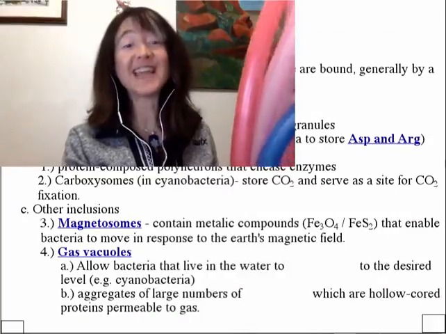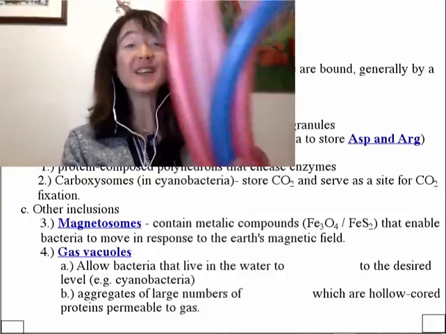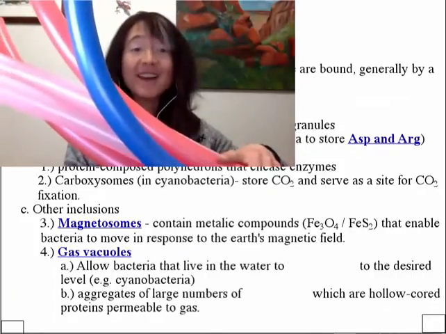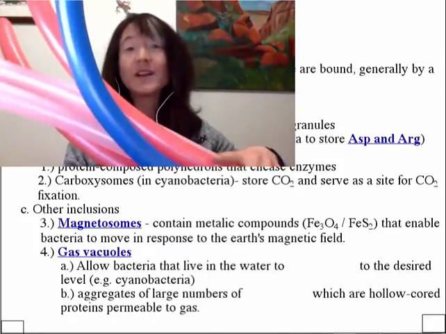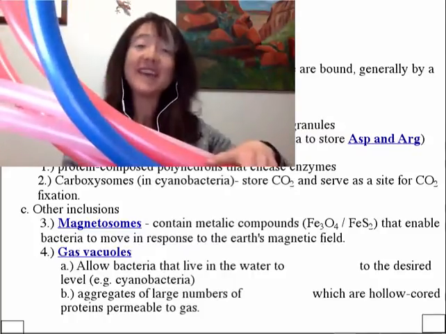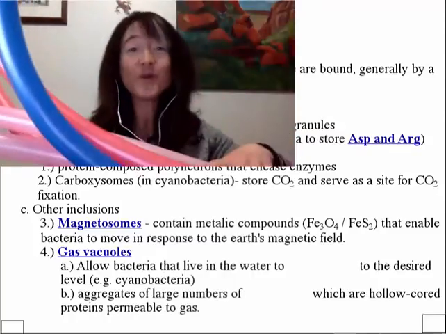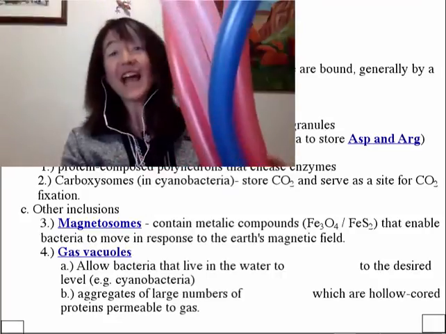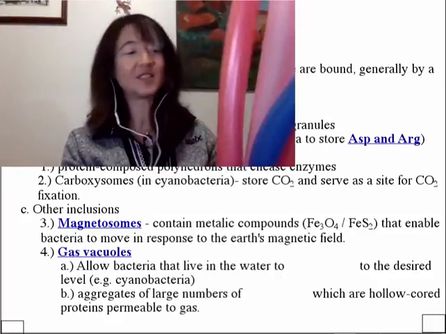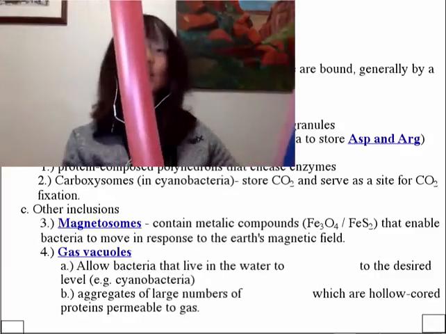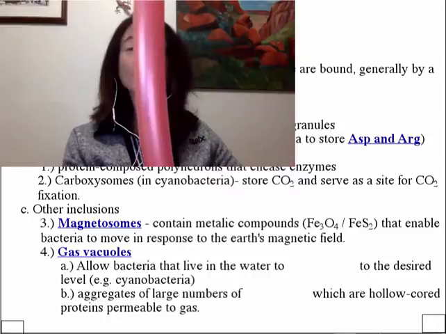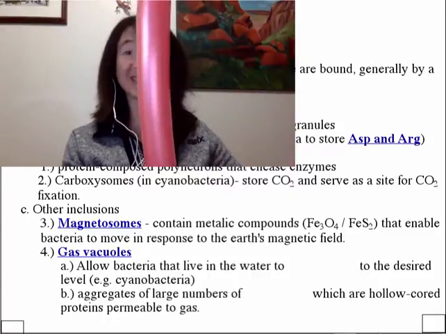As I think about this next inclusion, I always think about balloons, and thankfully I have some nice ones here to demo it. Gas vacuoles store gases, and as you might guess, the way that a balloon would float in a swimming pool, these allow for buoyancy. And in fact, they're actually comprised of proteins. So picture long helical proteins encasing gas, and that is what this balloon would be analogous to.